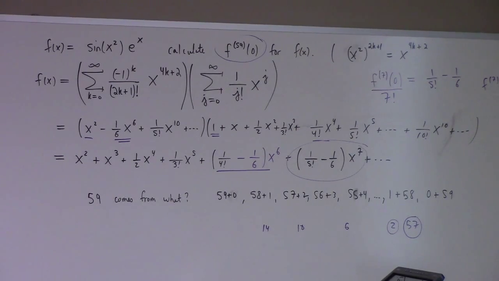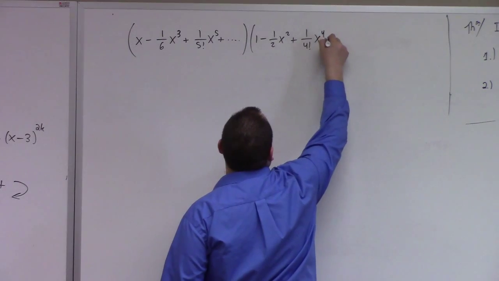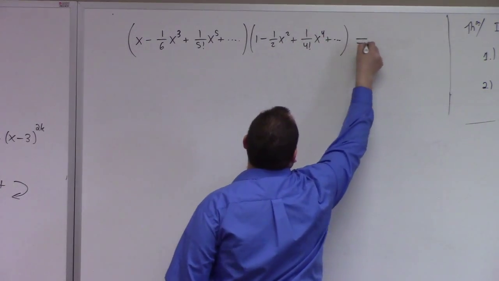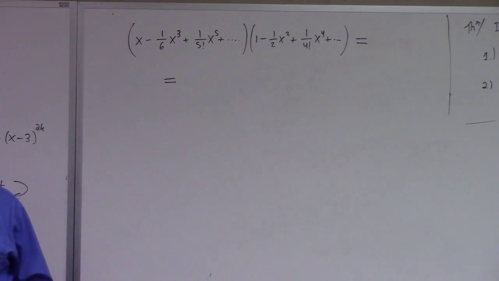Let's multiply x minus 1/6 x cubed plus 1 over 5 factorial x to the 5th plus dot dot dot, by 1 minus 1/2 x squared plus 1 over 4 factorial x to the 4th plus dot dot dot. We'll just aim to keep the first, let's say, 3 or 4 non-trivial terms.